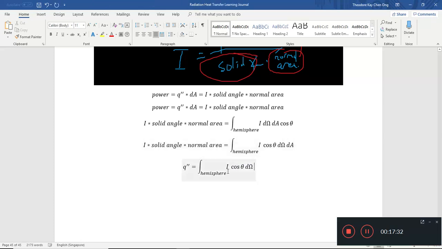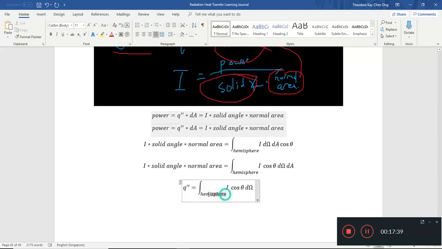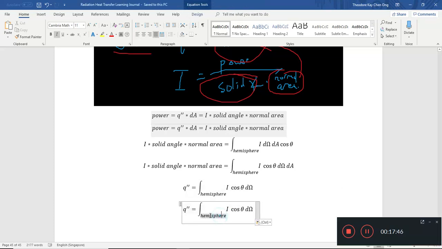So the heat flux is just integral of I cosine theta over the hemisphere, right? Which is simply, the hemisphere is of course over the solid angle of 2 pi, right?